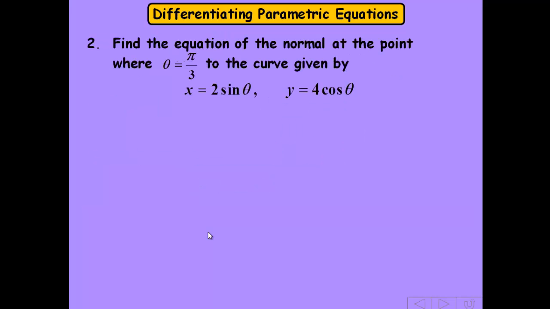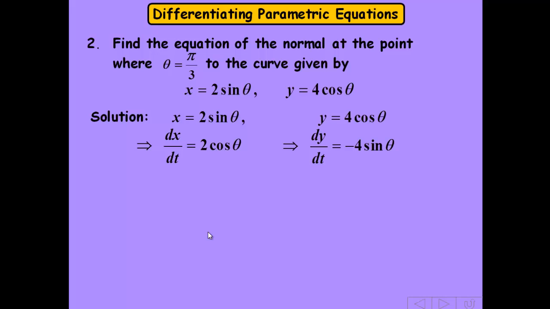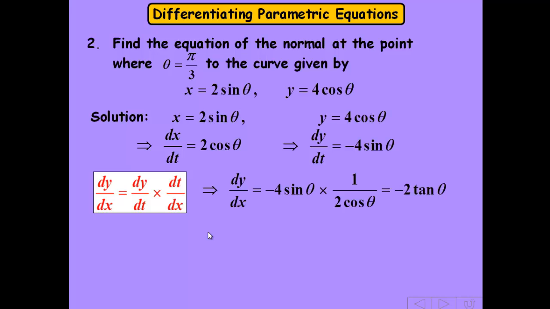For the second question, with the normal, again, use that method, dx/dt, dy/dt, and then the chain rule, remembering to flip the dx/dt term. We get a sine over cos, so that goes to tan, doesn't it?